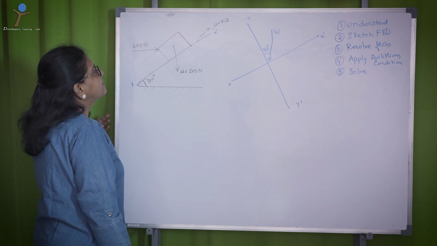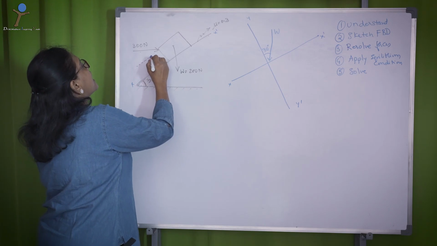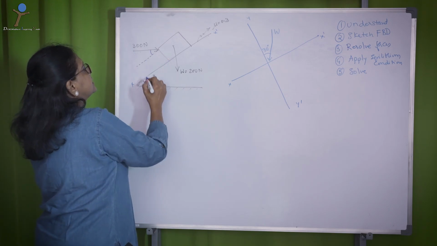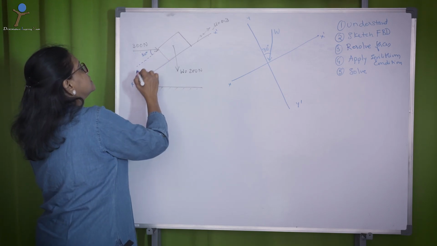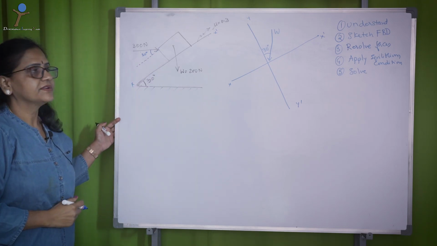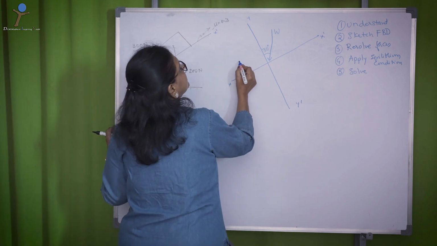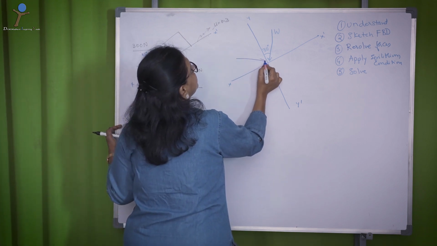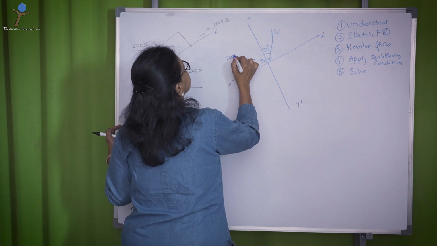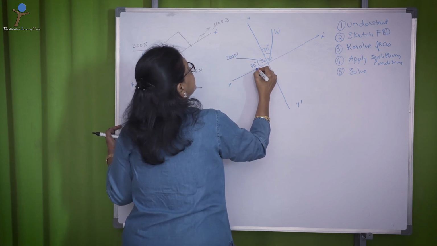Then you have a 300 newton force acting parallel to the inclined surface, at an angle of 30 degrees with this.